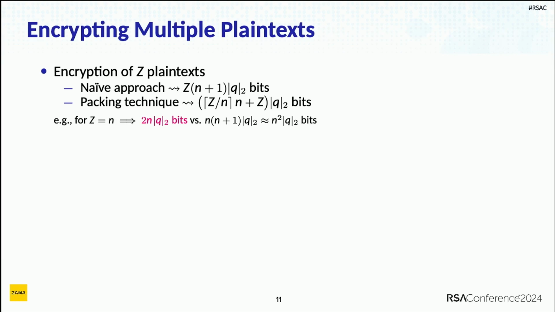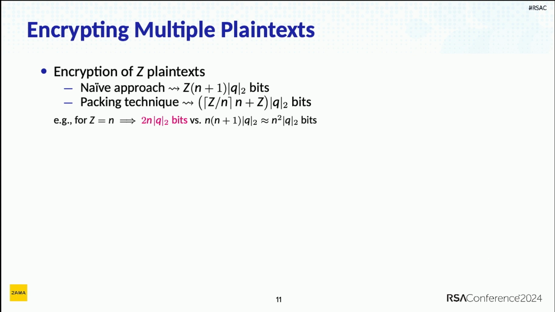In the usual approach, if you want to encrypt Z plaintexts, this is the total size of your ciphertext: Z times N plus 1. Again, N is the dimension of the LWE, and Q is the ciphertext modulus. You can improve on this, and this is what you get at the end.